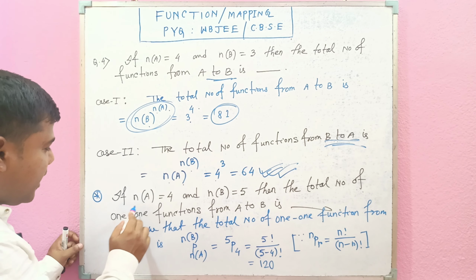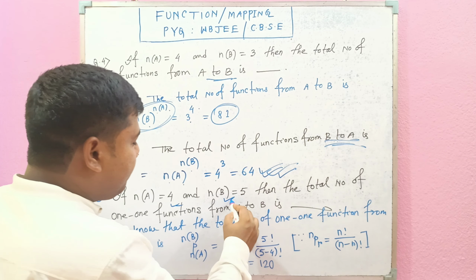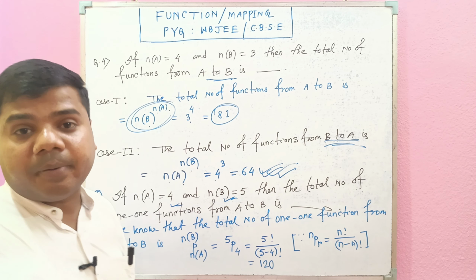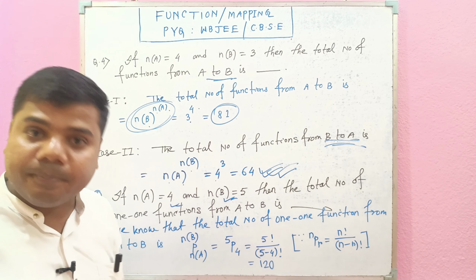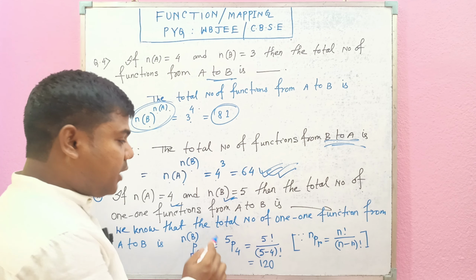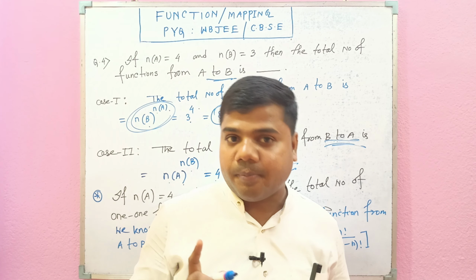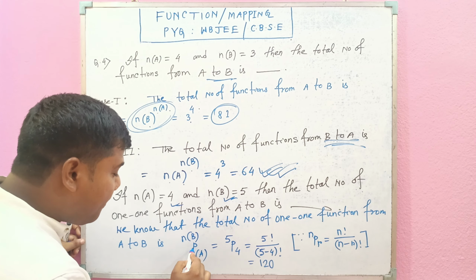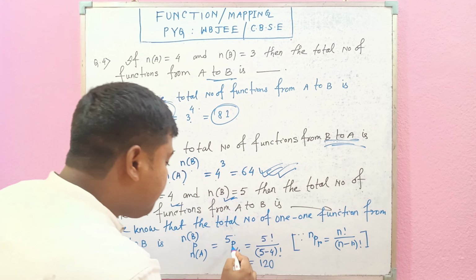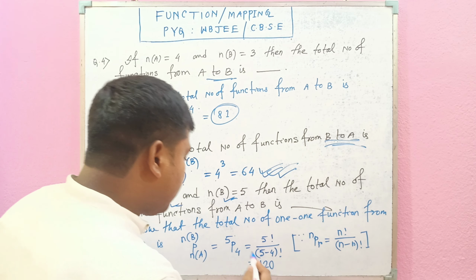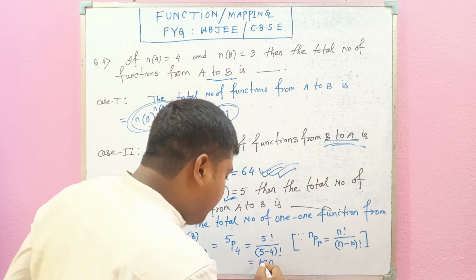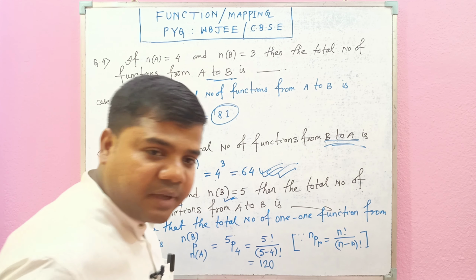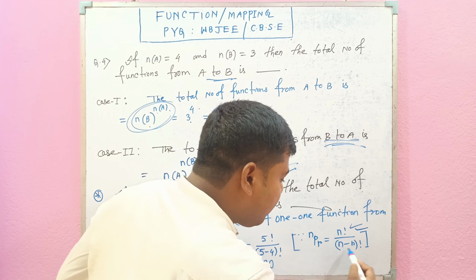Next, if n of A is equal to 4 and n of B is equal to 5, then the total number of one-to-one or injective functions from A to B is dash. We know that the total number of one-to-one or injective functions from A to B is n of B P n of A, that is 5P4. Okay, 5P4 is equal to 5 factorial by 5 minus 4 factorial, since we know that nPr is equal to n factorial by n minus r factorial.